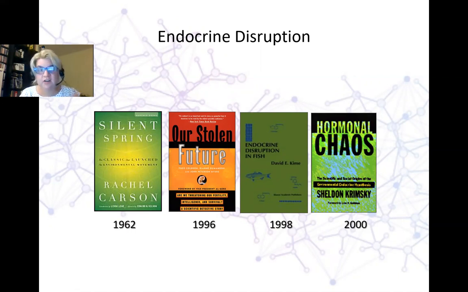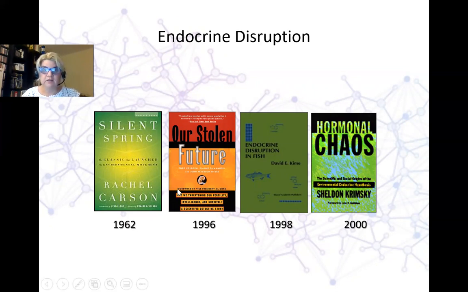This book has been credited with triggering the environmental movement in the US. We had the EPA form in the 70s, etc. And then in 1996 people started documenting this phenomenon of endocrine disruption.